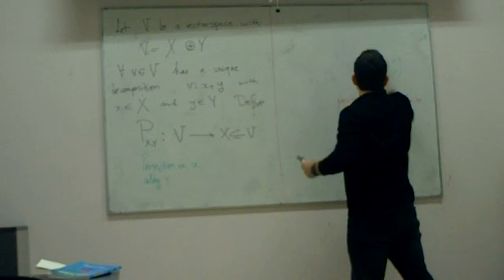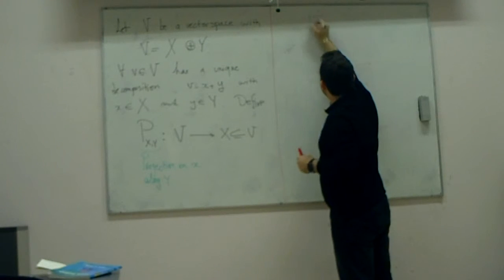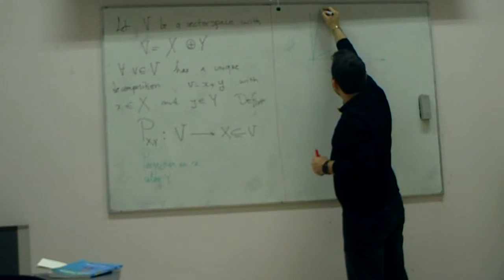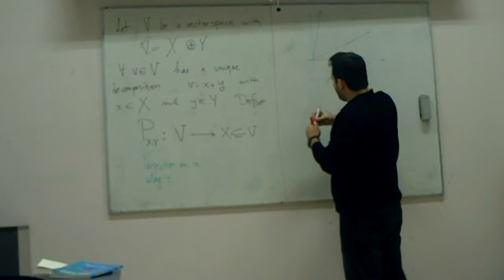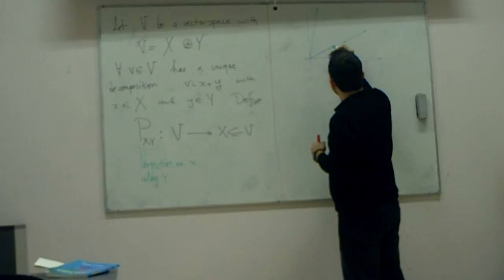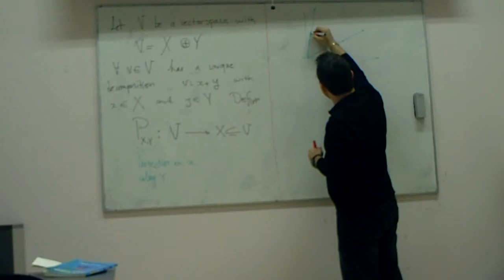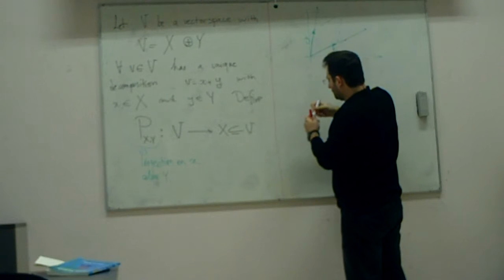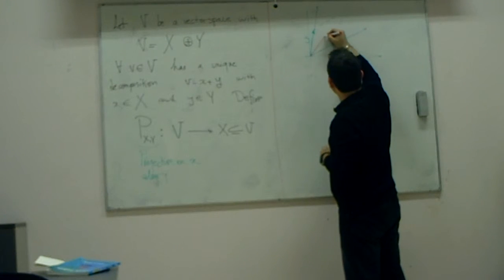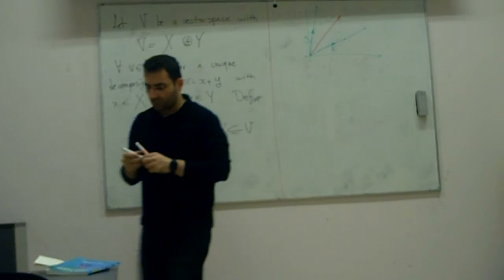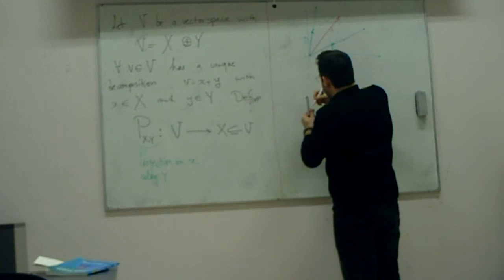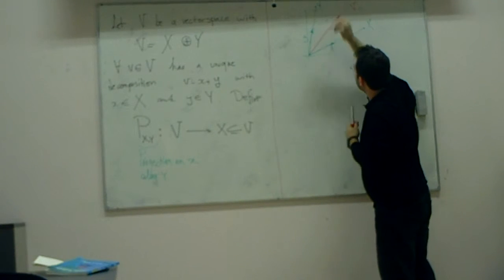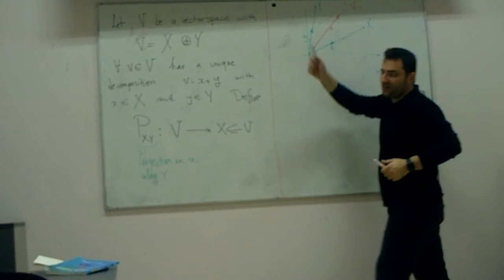Geometrically, it means that our vector v can be decomposed, in this vector space V, this vector space X, this vector space Y. So it can be decomposed as the addition of the vector x and vector y.